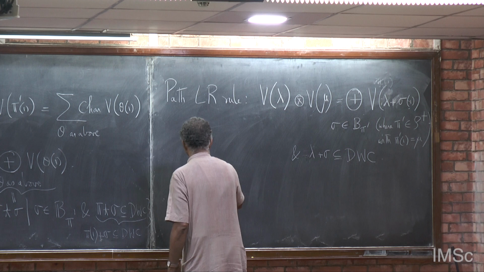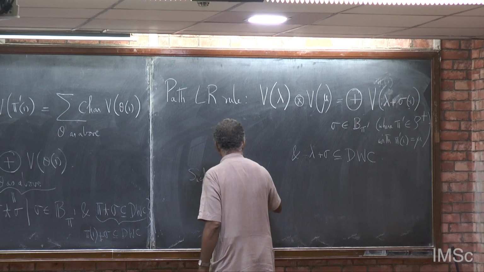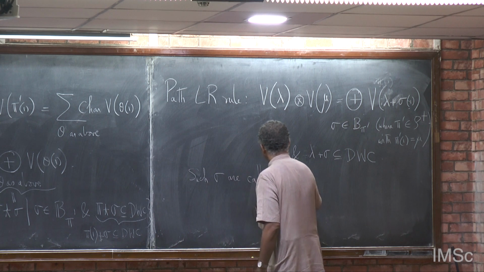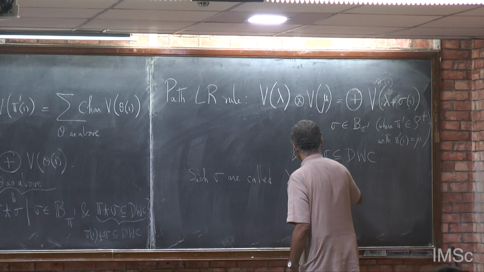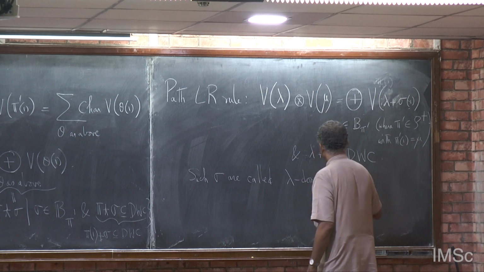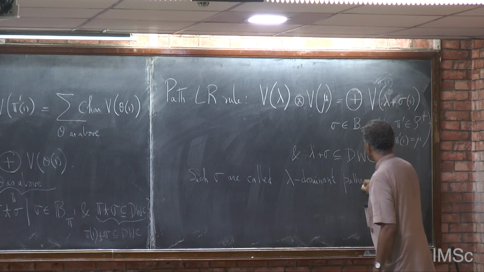Such sigma are called lambda dominant paths in B pi prime.